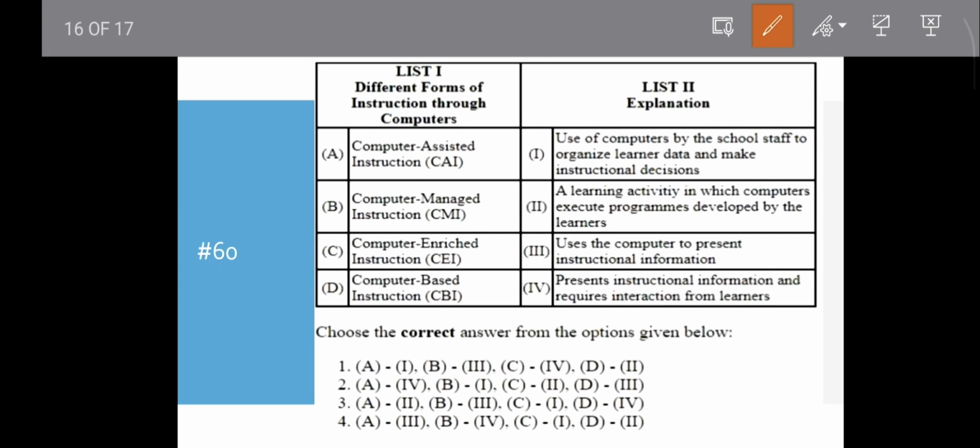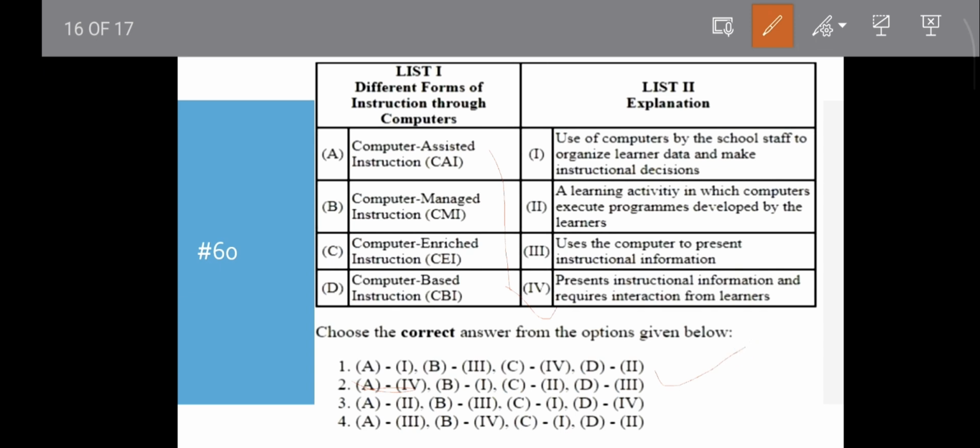Computer assisted instruction, CAI, means the computer directly teaches the learner using tutorials, drills, etc. Present instructional information and require interaction from the learner. So it will be IV. A will be IV here. Option 2 is the correct answer.